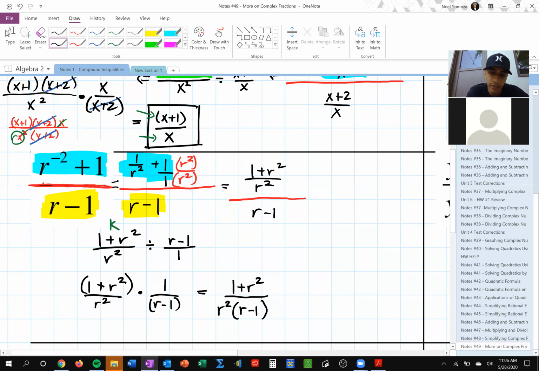Okay, and in this case, there's nothing to cancel. Remember that this 1 plus r squared is a factor, right? Those two terms are together, so you can't just cancel out r squared with r squared in that case, because it's 1 plus r squared, right? It's not 1 times r squared. So within those parentheses, those terms are stuck together. You can't just cancel r squared with r squared there.